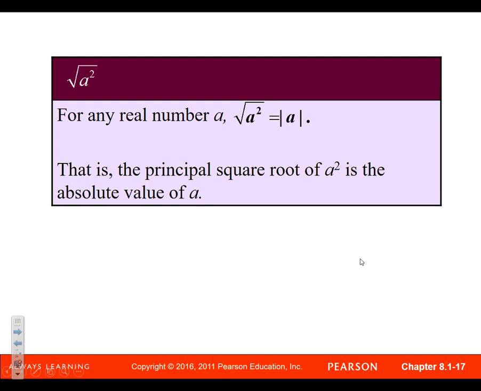That is, the principal square root of a squared is the absolute value of a. What? They just cancel out, right? The square root and the square would. And that's why it's important that we introduce this absolute value here, okay?